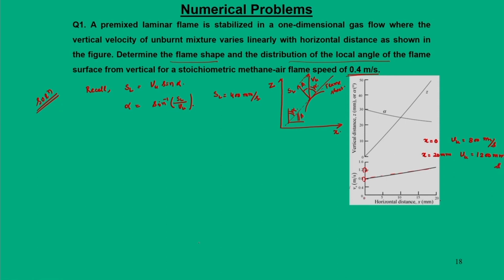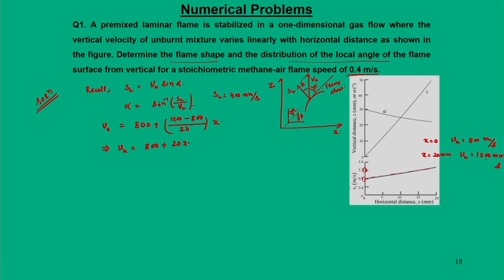This gives the relation between Bu and x. So, you can write this linear equation as 800 plus the slope, where the slope is 1200 minus 800 divided by the distance, that is 20, into x. So, you can write Bu is equal to 800 plus 20 x.